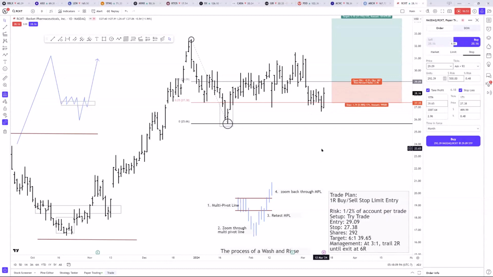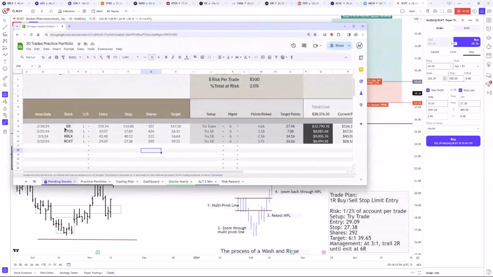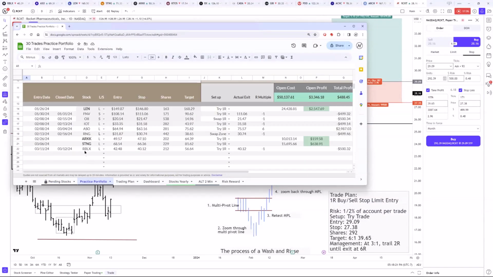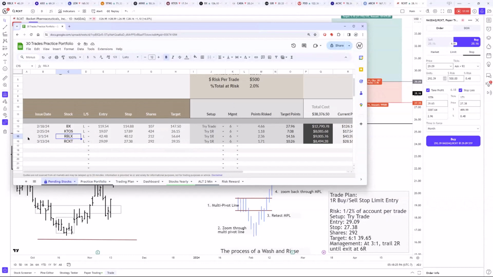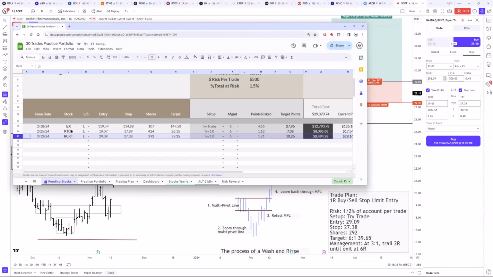So part of the whole trade planning is documentation, and I enter all of these into a spreadsheet. So you can see these are current. Actually, this one just got triggered and stopped. So we can delete that one. I'll do a review maybe next post. So all of these are what we have pending right now.